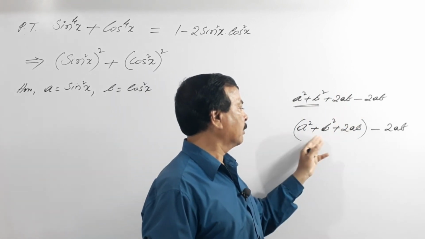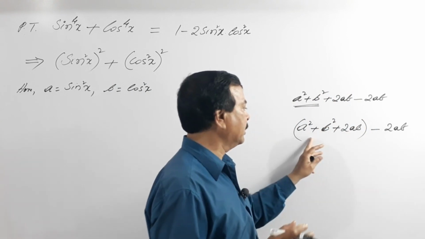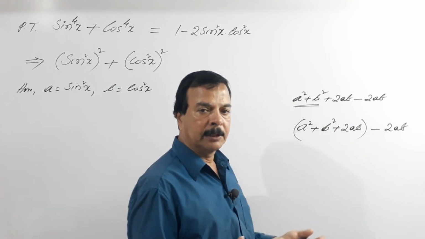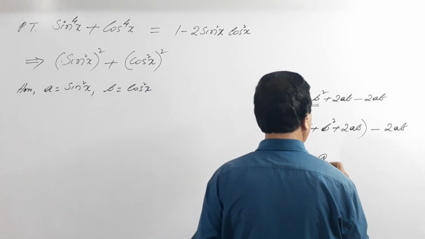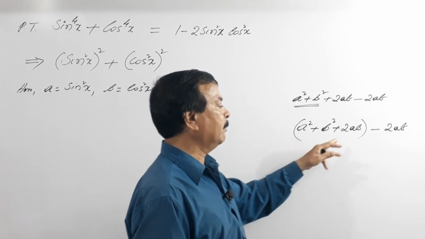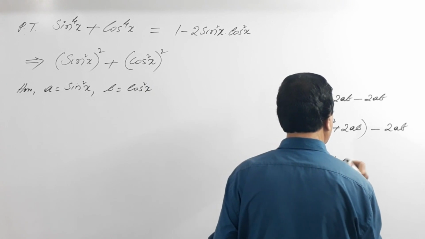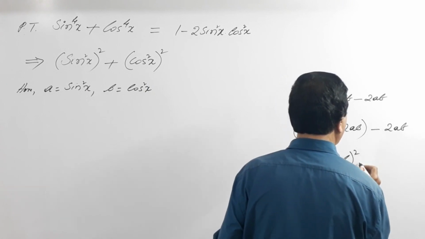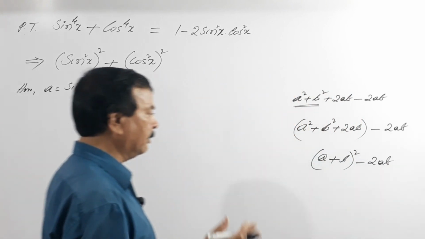I have clubbed this; the value remains the same. But a square plus b square plus 2ab is nothing but a plus b the whole square. So this becomes a plus b the whole square minus 2ab. Can I write like this? Yes, why not sir?